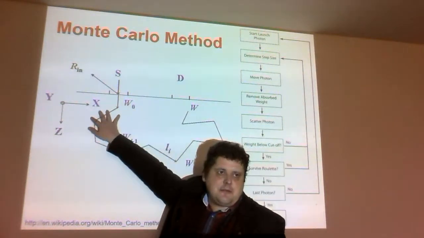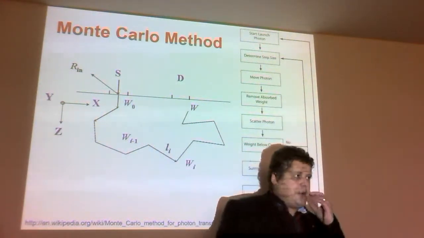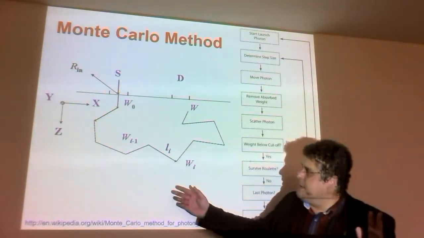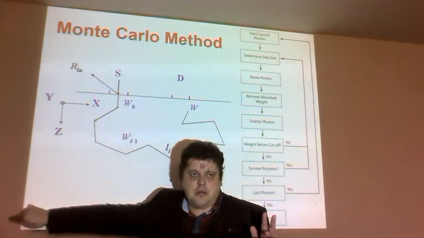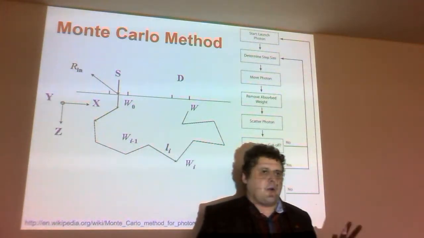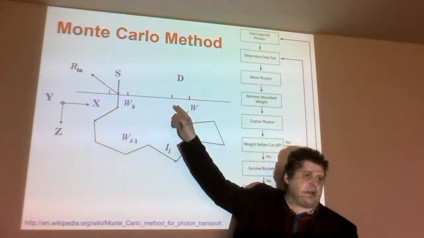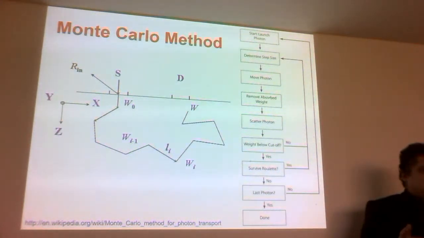We send photons here and we want them to come to the detector. How many photons should we send? That's the first question. And the second question: if the photon is going somewhere else, how long should I wait for when this photon possibly will come to the detector? What criteria should we use for cutting off this modeling process?